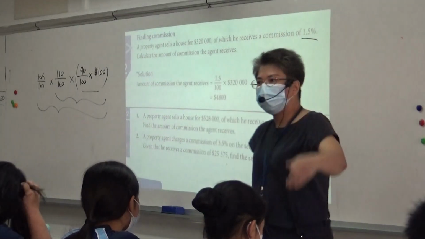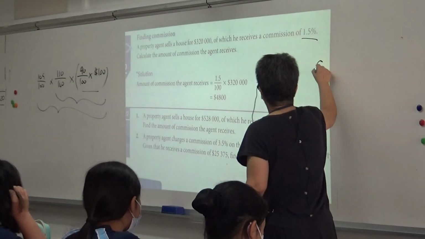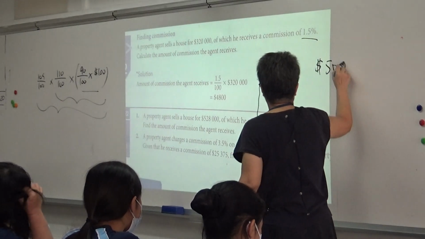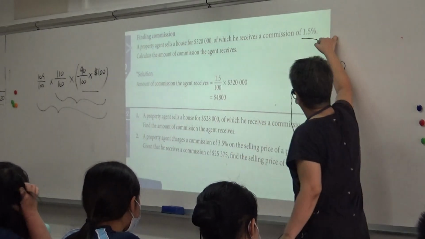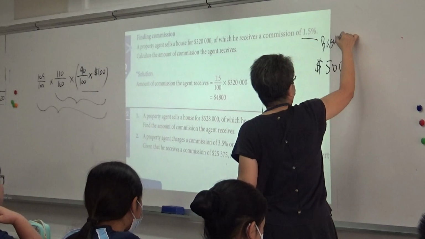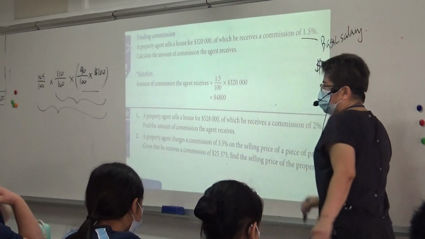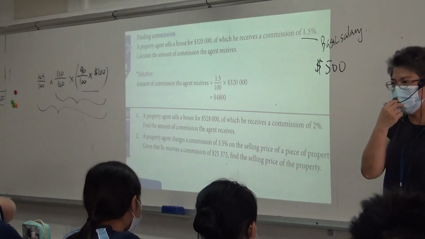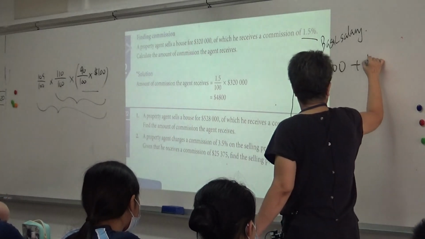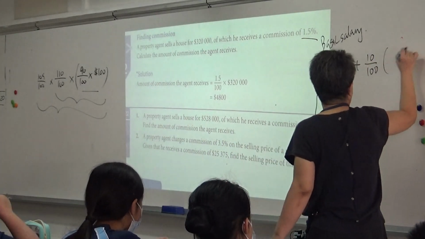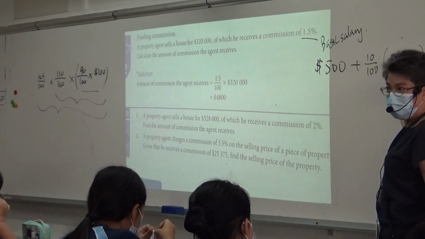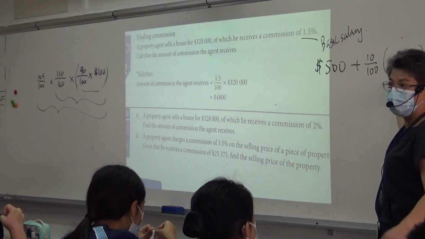Some people go for work, right? And they say, I will give you a basic salary. $500 basic salary plus 10% of whatever thing you sell. Let's say you sell rice cooker.